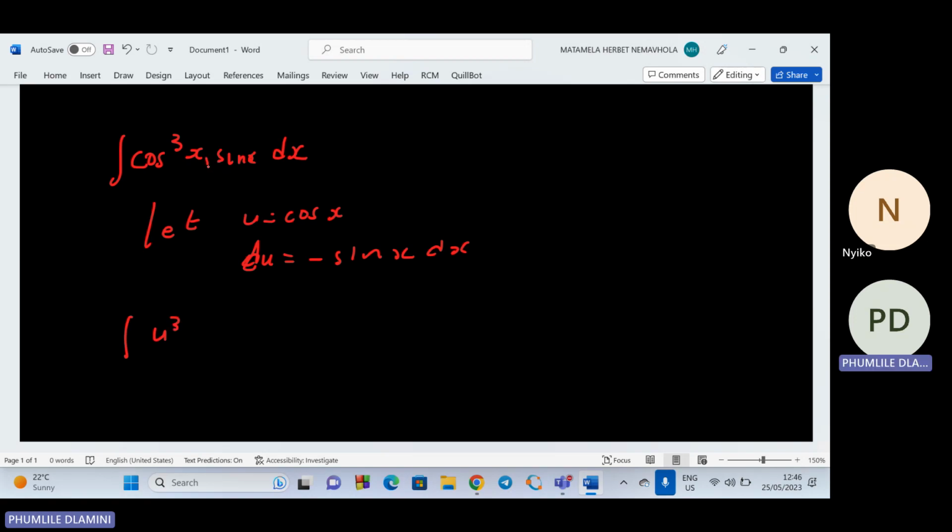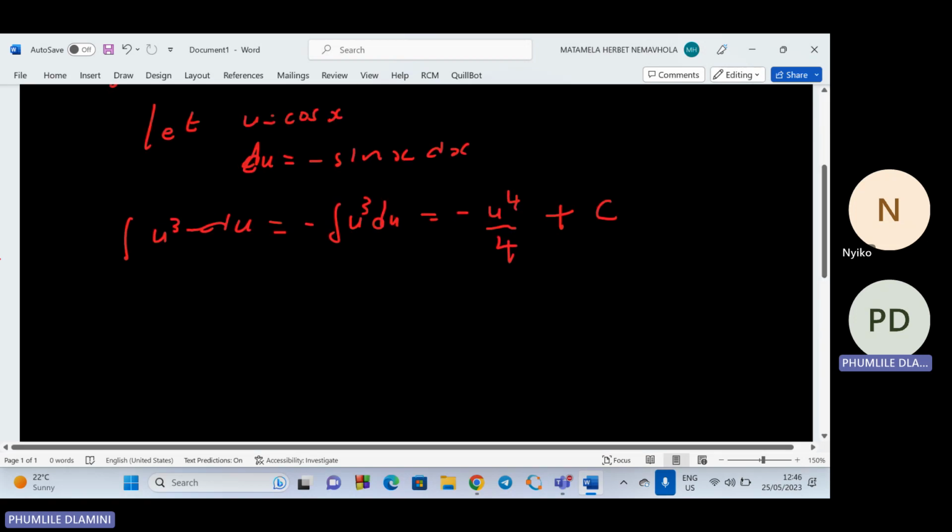Where there is sine x, we have negative sine x. We multiply by negative, then we have negative du. Then it's negative integral of u cubic du, which equals negative. The integral of u cubic is u to the power 4 over 4 plus c.